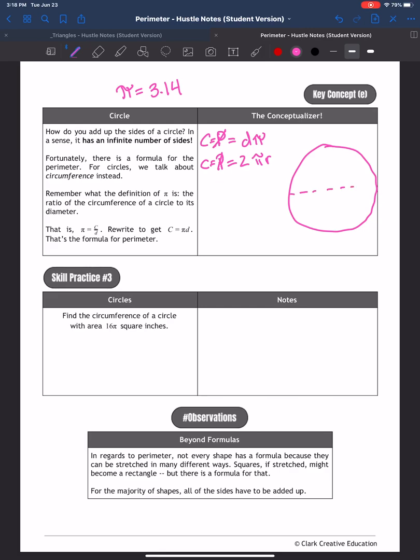My diameter goes across my whole thing. My radius only goes half way, to the middle. And my circumference is this entire length around my circle.